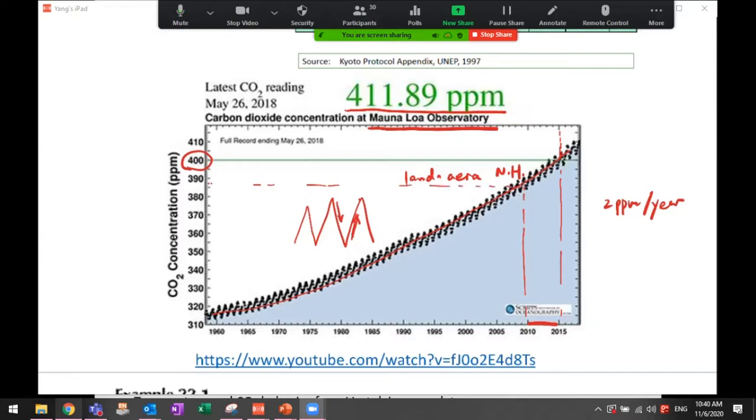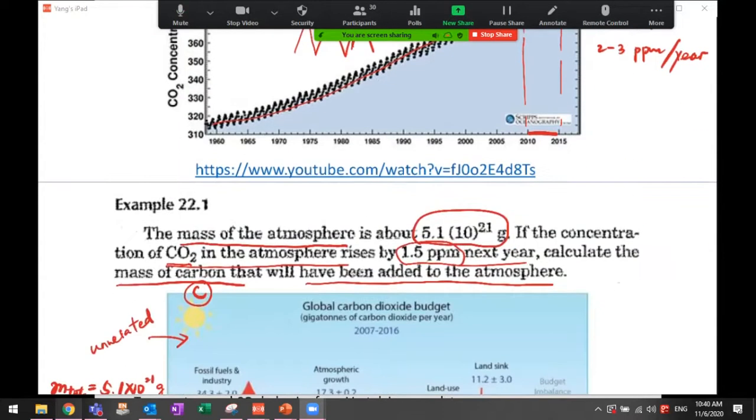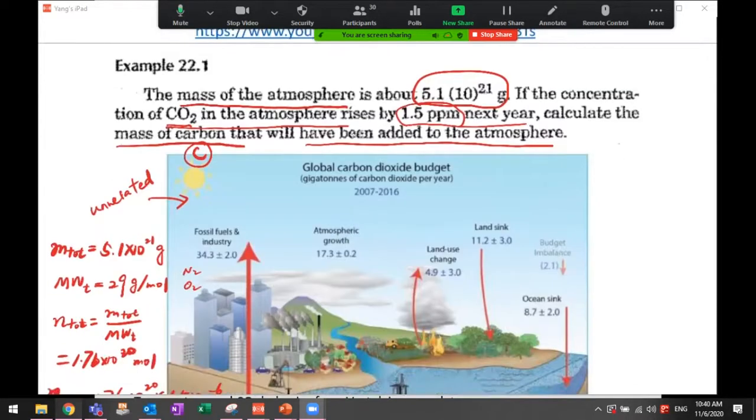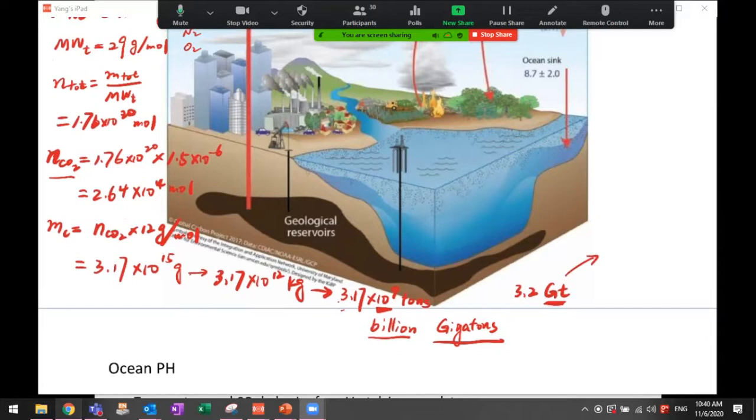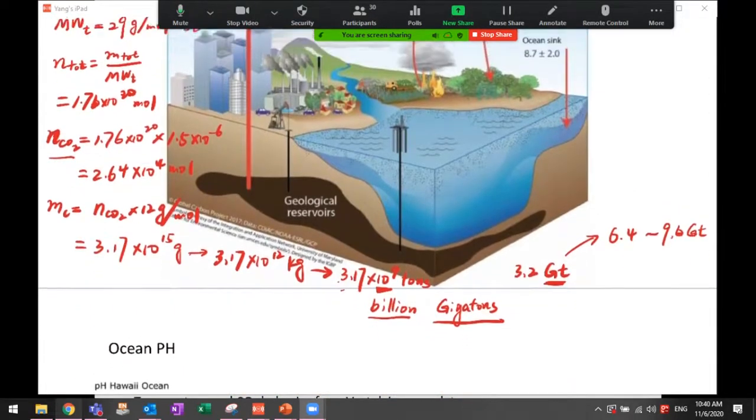Okay, so maybe around 15, so 2 to 3 ppm. So what this means is that we're probably going to dump in 6.4 to 9.6 gigatons of carbon dioxide into the atmosphere. So basically, this is the increase of the carbon dioxide in the atmosphere.